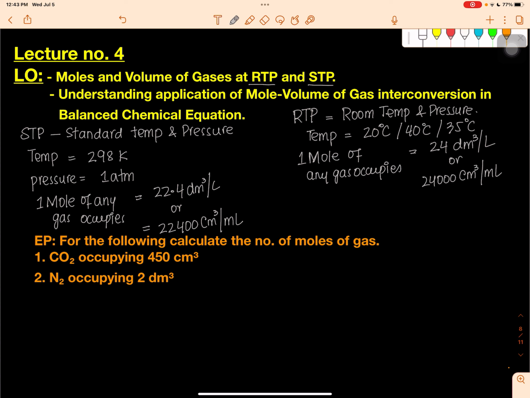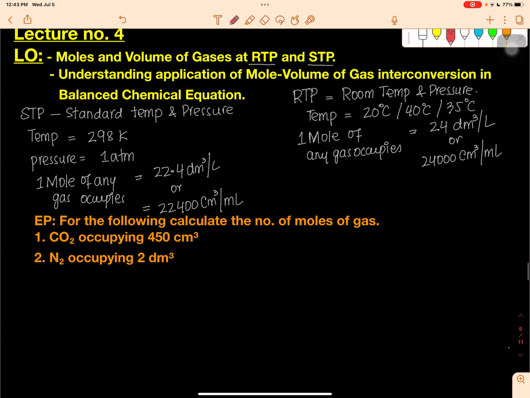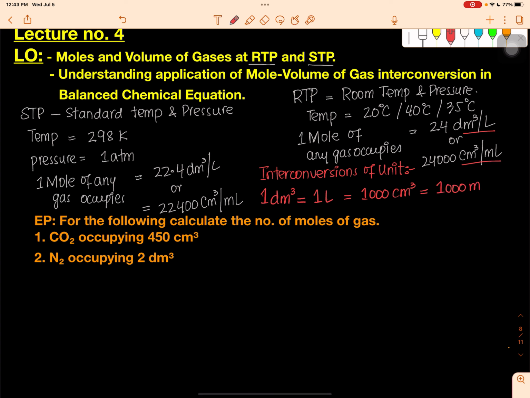If we look at these units, let me give you a little interconversion of units. 1 dm cube equals 1 liter, which equals 1000 cm cube, or 1000 ml.